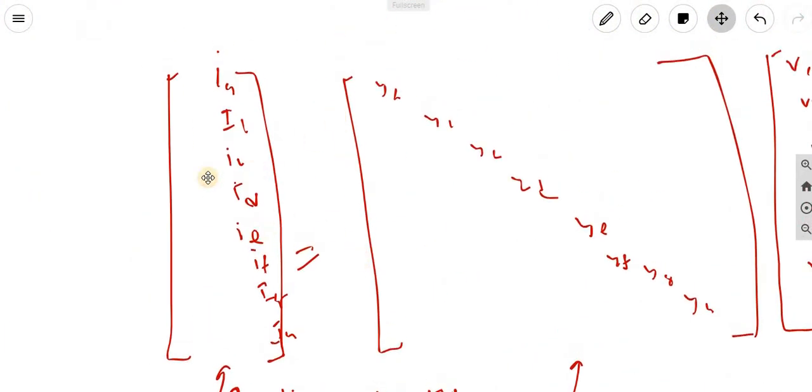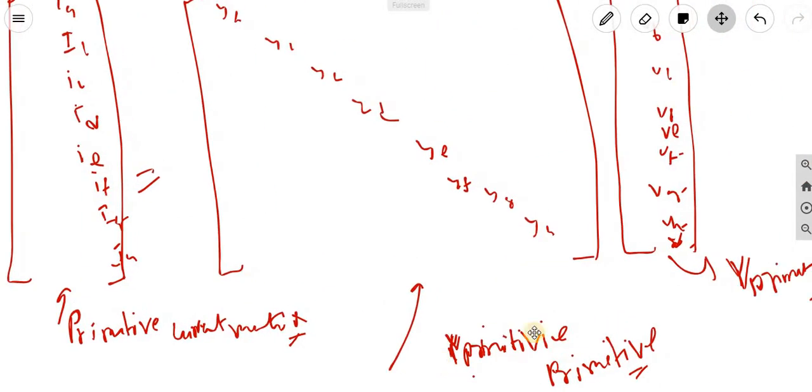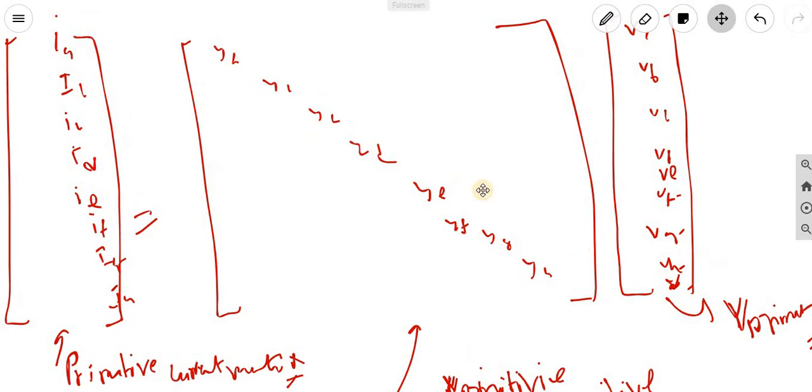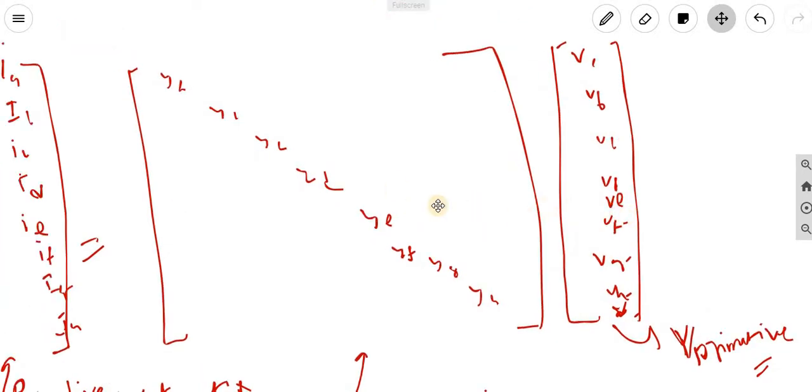So from the equations we get I primitive, the branch current, Y primitive, the branch admittance, and E primitive, the branch voltage.